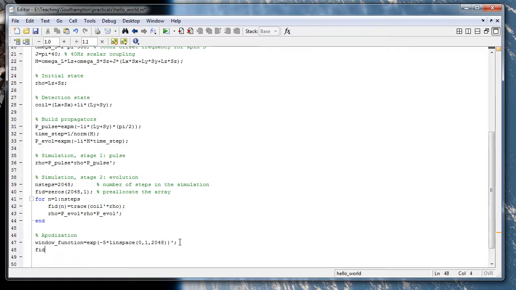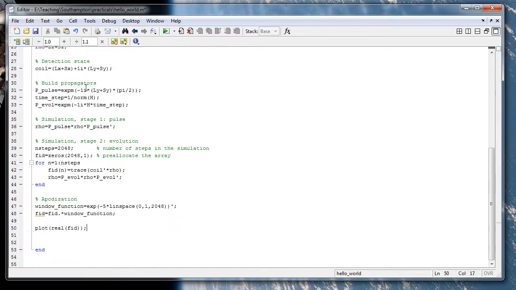And finally, FID equals FID, then element by element multiplication by the window function. So what we should be getting now is a decaying FID. So if I plot real FID, that should be a nice decaying function which we can actually Fourier transform.